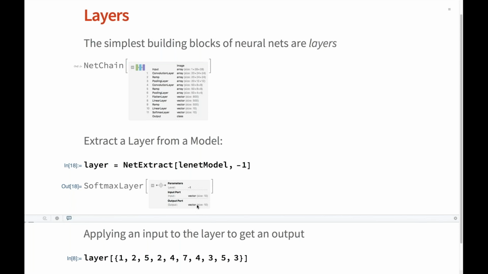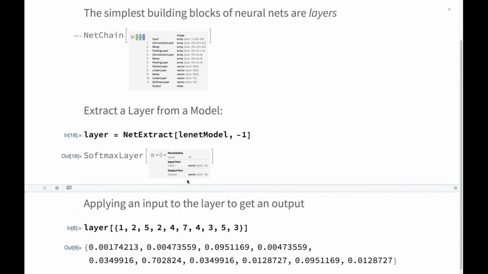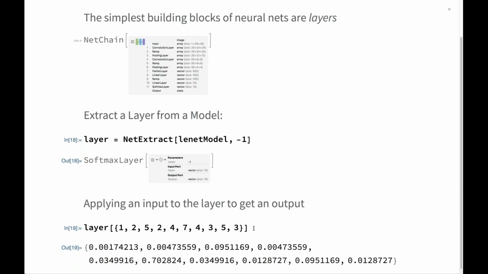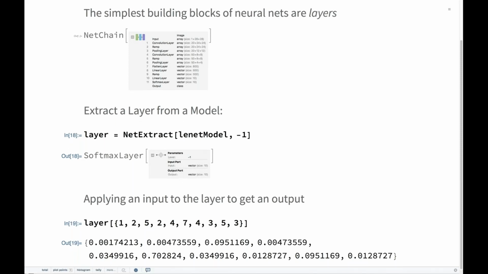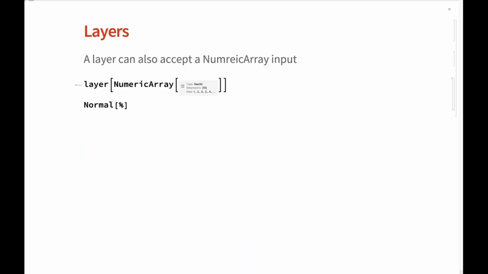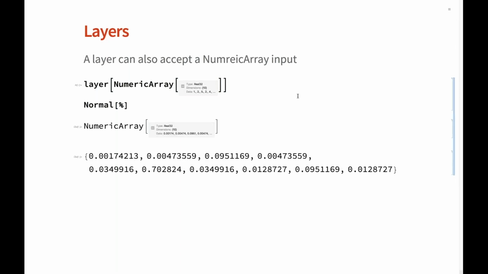Like any layer, we can give it an input. It is expecting an input of a vector of length 10, so I can give any input to this layer and get the output coming out of that layer. A layer can also accept a numeric array, as shown in this example. I can pass it a numeric array and it will give me the output for that.